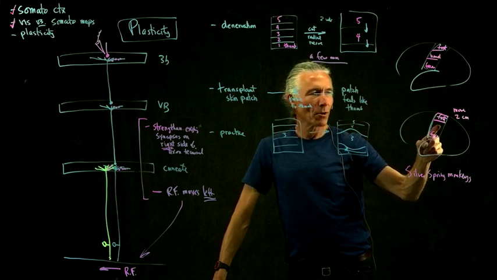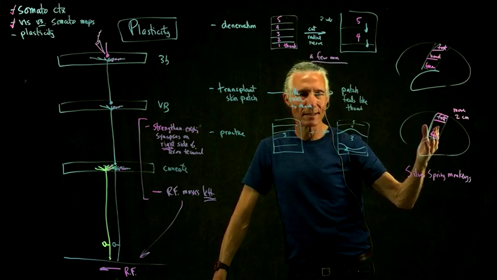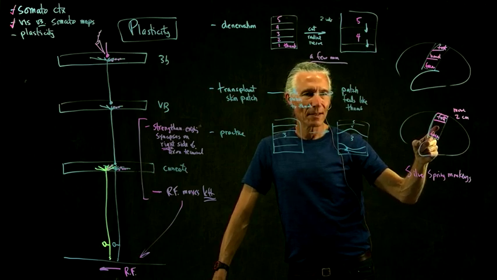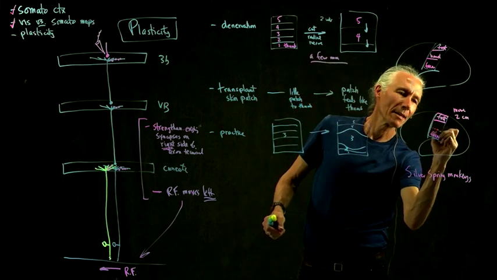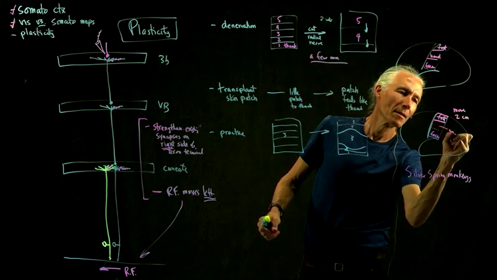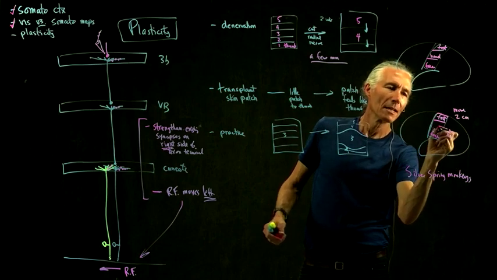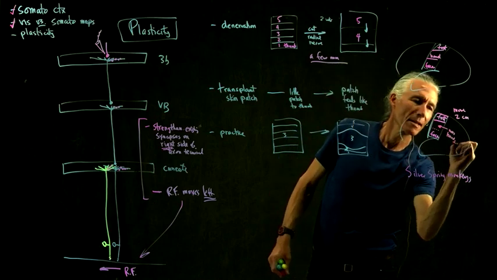So when you record from what used to be the hand, you've got face receptive fields in this location that used to be the hand. So this big reorganization has taken place. Was hand, now face.